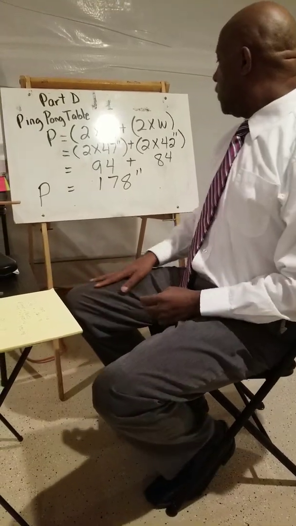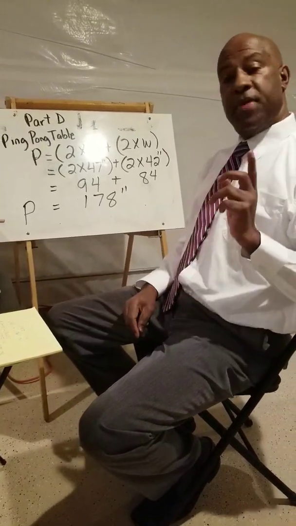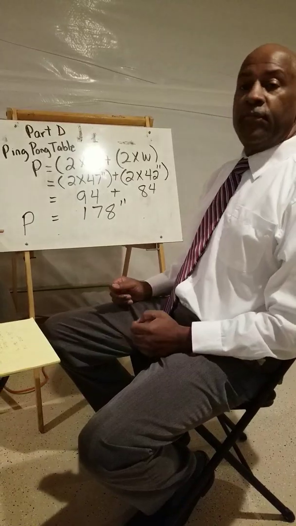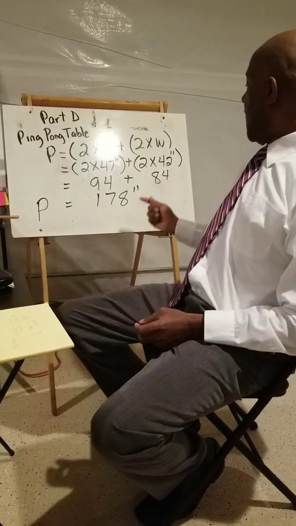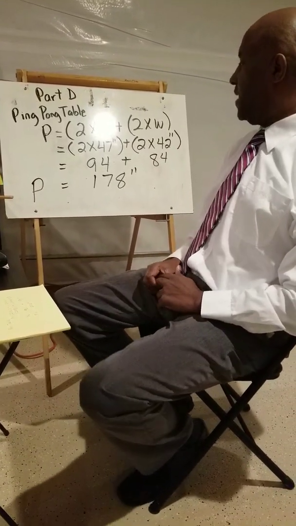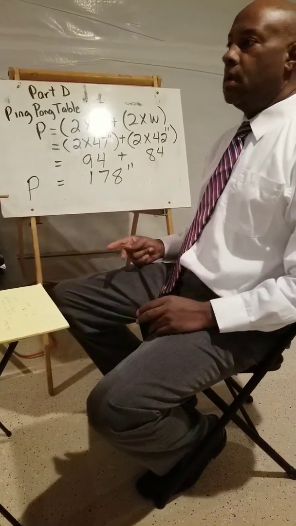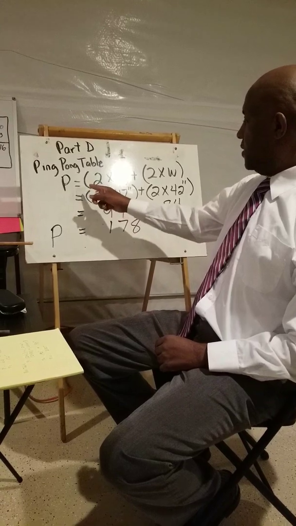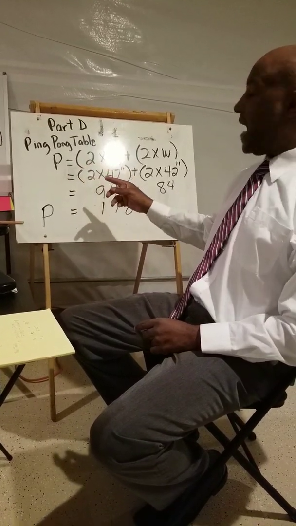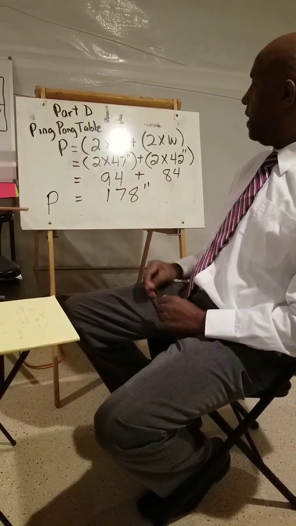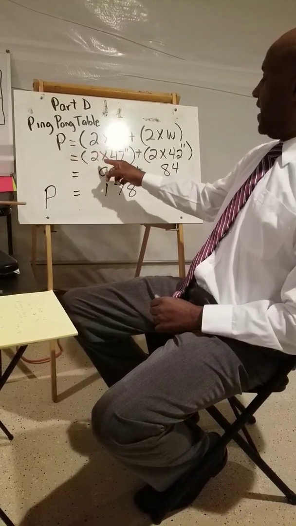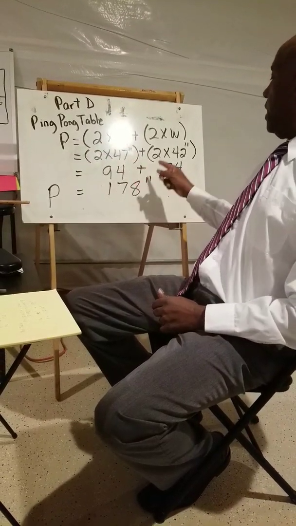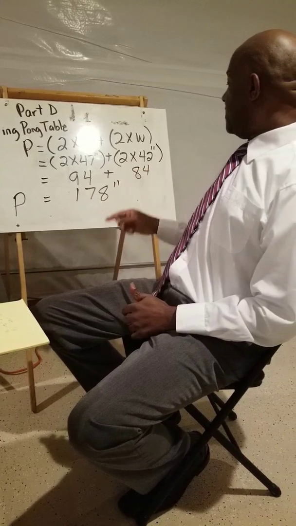We found at the ping pong table that the length was 47 inches and the width was 42 inches. When you plug those numbers into the formula P equals 2 times L plus 2 times W, perimeter will equal 2 times 47 inches plus 2 times 42 inches.